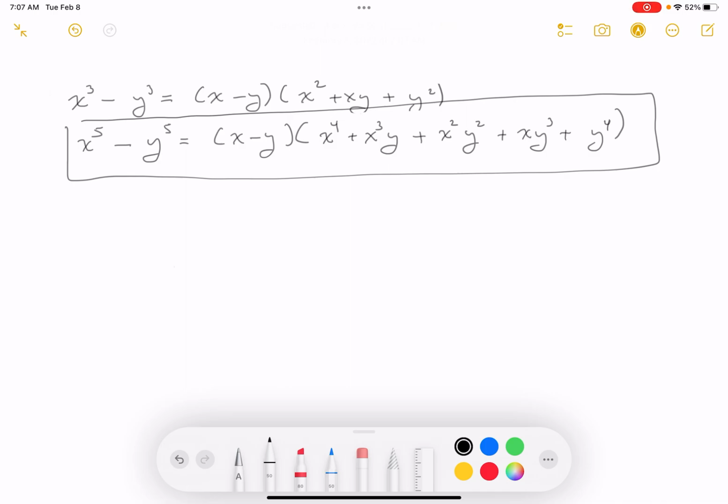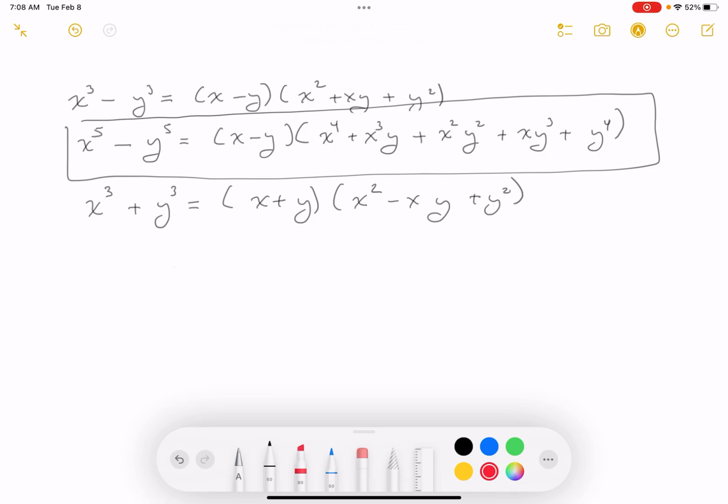Now the question becomes, what's the other one? Let's write the other one down. It's going to be x cubed plus y cubed. Well, what does that give you? That gives you x plus y times x squared minus xy plus y squared. Again, these are things you want to verify.